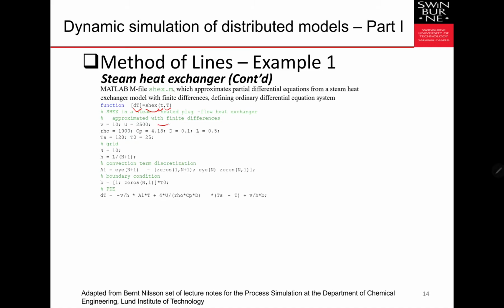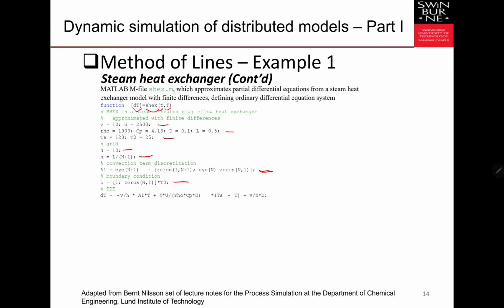These three lines express the values of the parameters, this one is the internal grid points, and this one is the step size. This A1 is a matrix that helps form the necessary matrix for the ODE, as we will show in the additional materials.